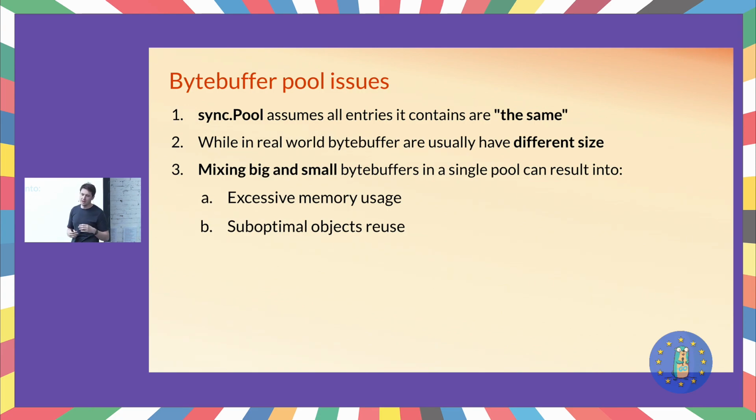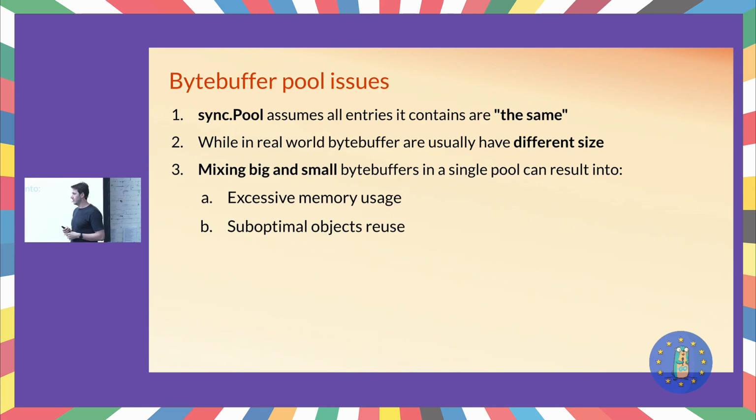So imagine that you had to decompress one really big block, but all others are really small. And now in sync pool, you will have a really big byte slice, which then will be picked up by other goroutines, constantly reused, but underutilized.